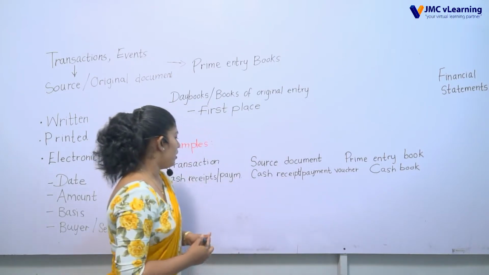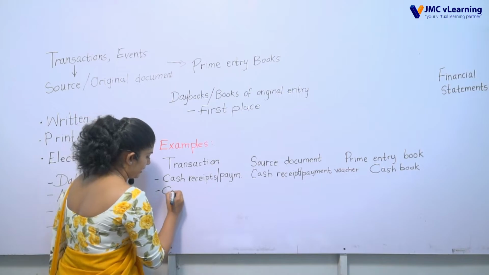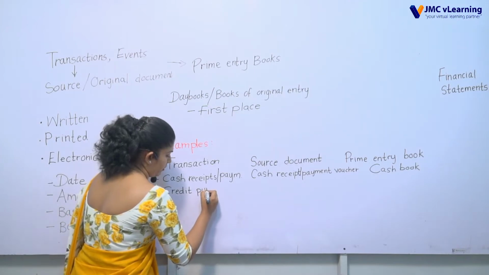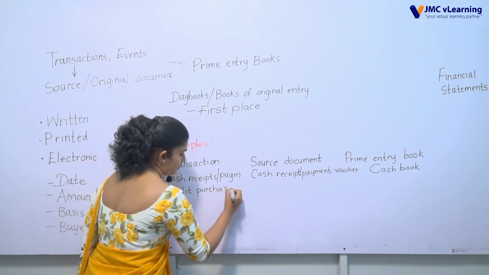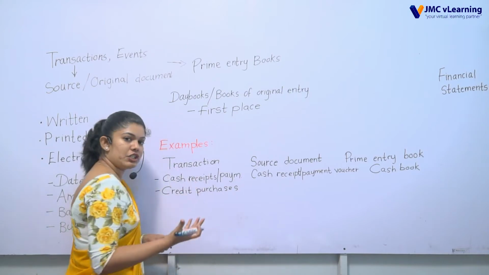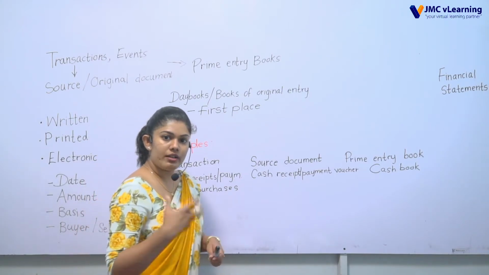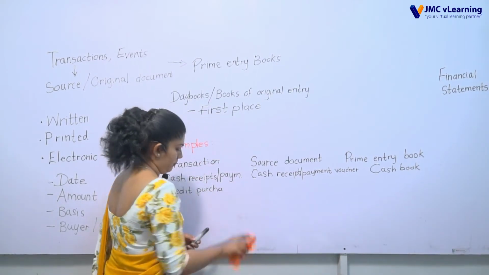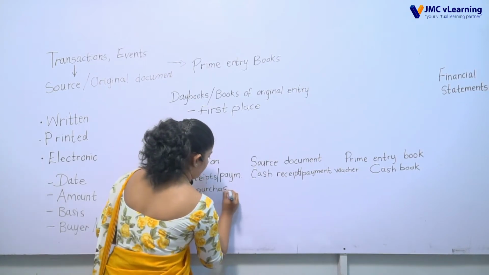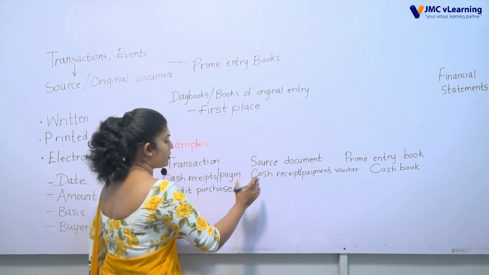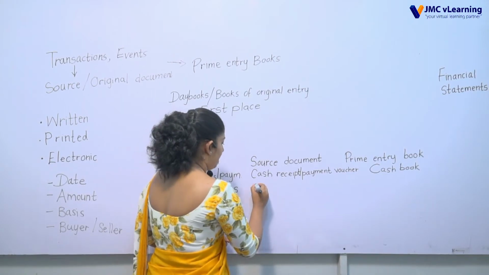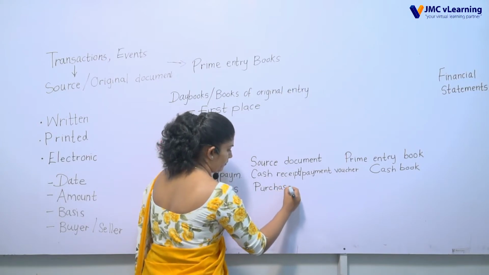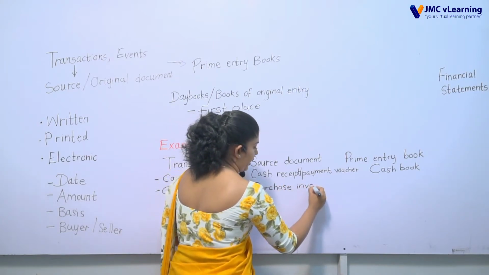So, when we talk about credit purchases, we purchase goods or services on credit basis. If we purchase on credit basis, the source document we call purchase invoice.